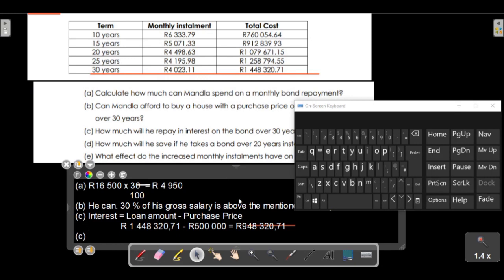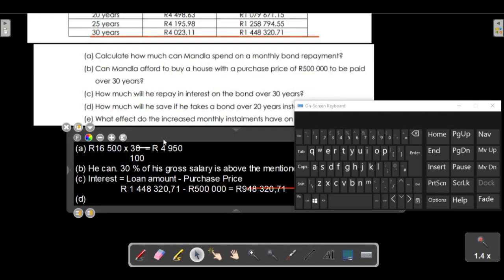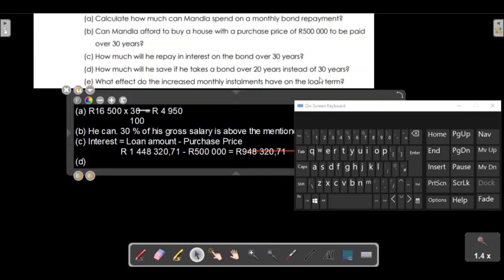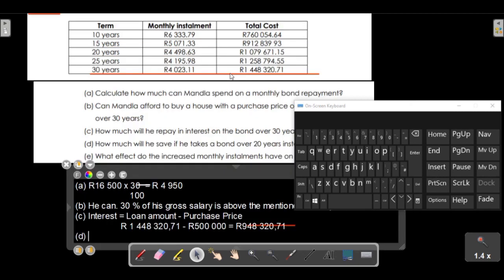D says, how much will he save if he takes a bond over 20 years instead of 30 years? Guys, when you're talking about saving, it always has to do with subtraction.